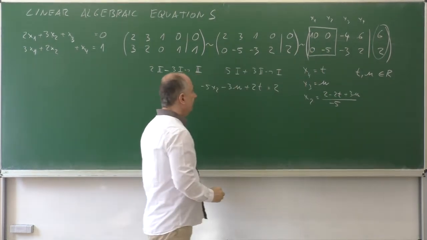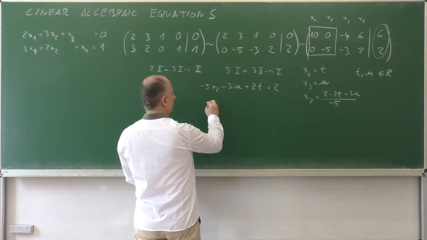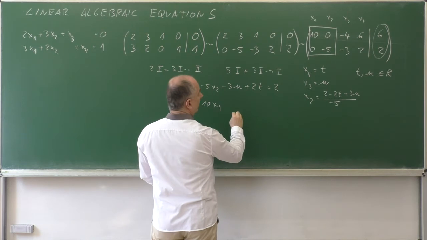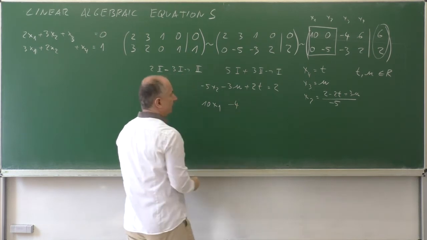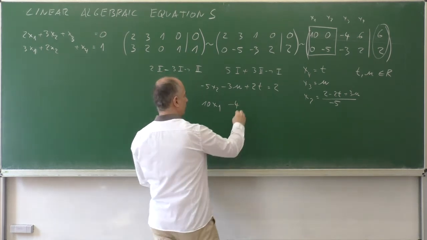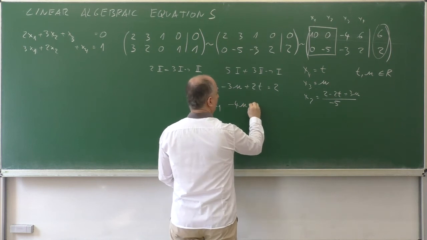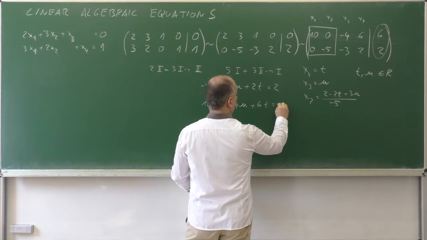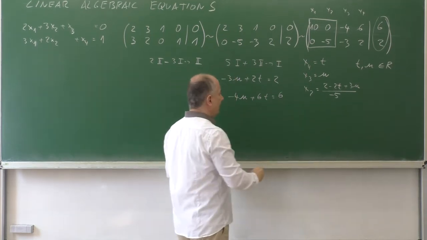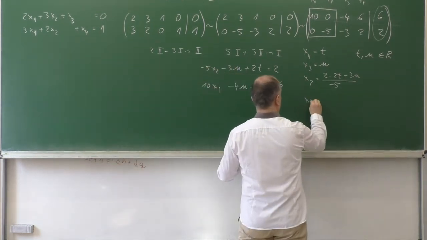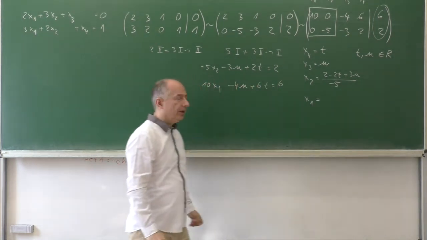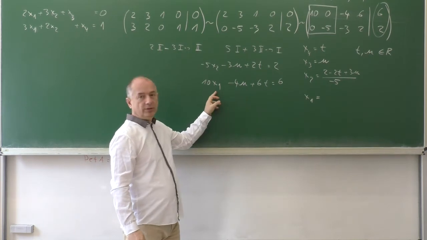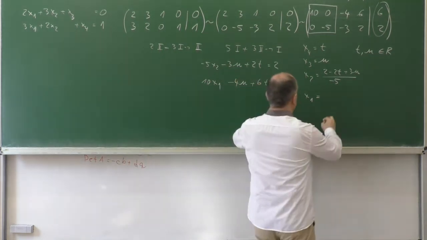And similarly, the first row corresponds to the equation 10x1 minus 4x3, which is u, plus 6x4, which is t, and this is equal to 6. So we can conveniently find x1 if we move these two terms to the right and we divide by 10.